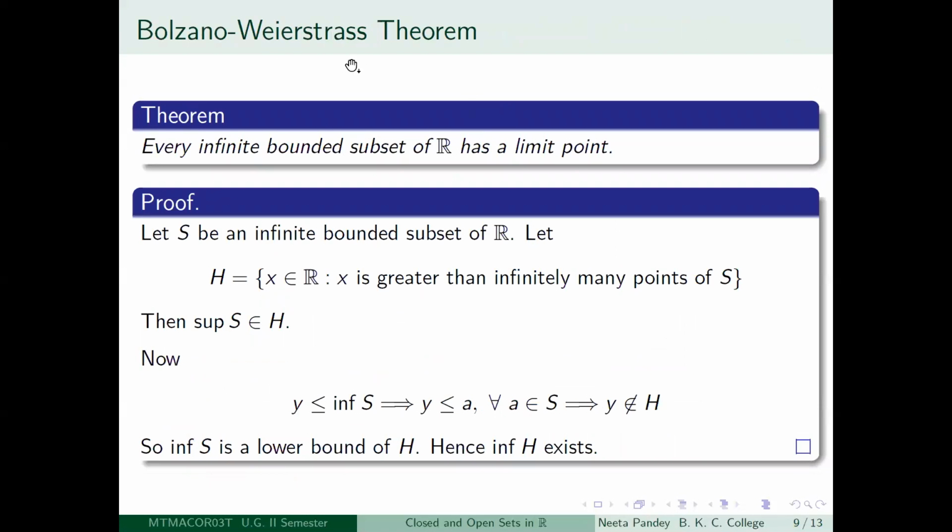Okay. Next result which we prove is Bolzano Weierstrass theorem. This can be proved in several ways, but it is quite illuminating to see that it can be proved without knowing anything more about real numbers. That is, you don't really need nested interval theorem and things like that.